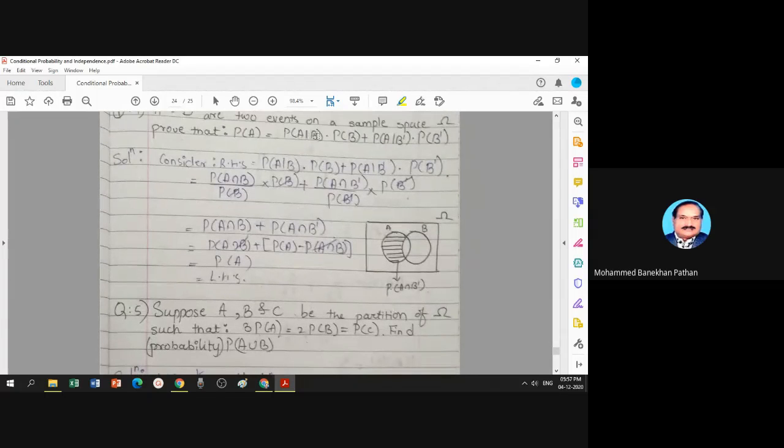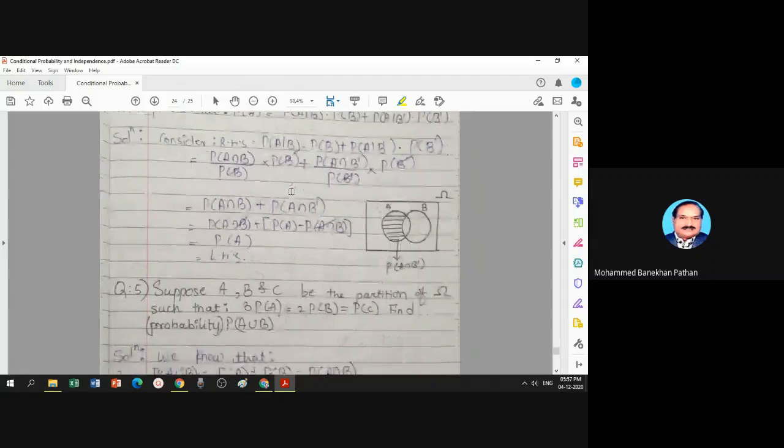P of A given B is written as probability of A intersection B divided by PB, multiplied by PB, plus P of A given B dash, written as P of A intersection B dash divided by PB dash. These get cancelled. So I get probability of A intersection B plus probability of A intersection B dash.